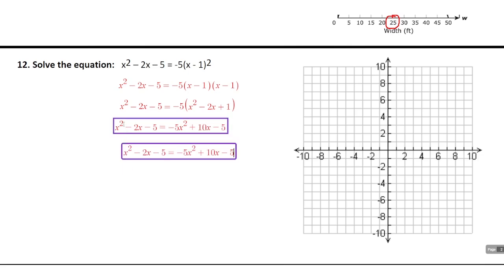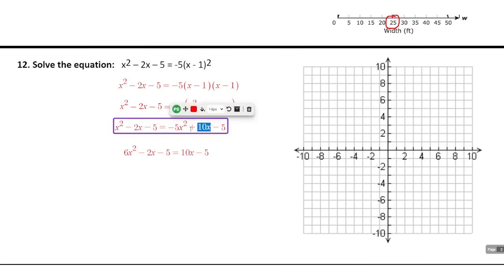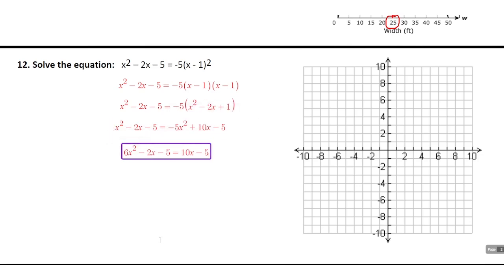So we've got x squared plus 5x squared, so that'd be 6x squared. And then we have negative 2x minus 10x would be negative 12x. Then finally we've got negative 5 plus 5. That's just going to be 0. So actually we get a nice equation out of all that.